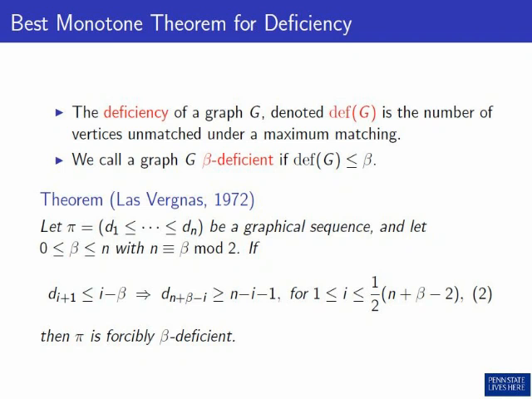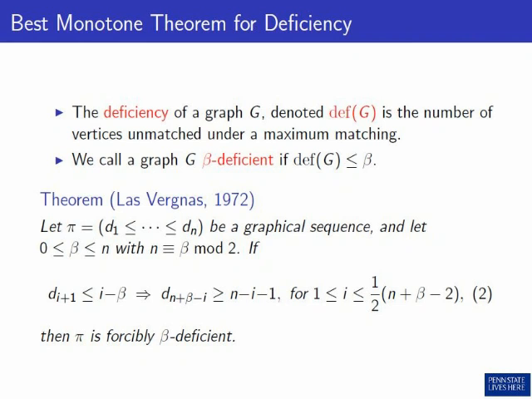Okay, so we're going to have some theorems concerning perfect matchings, but in particular, a best monotone theorem for deficiency. The deficiency of a graph G is the number of vertices unmatched under a maximum matching. So we call a graph G beta deficient if the deficiency is less than or equal to beta. So there are at most beta vertices unmatched under a maximum matching.